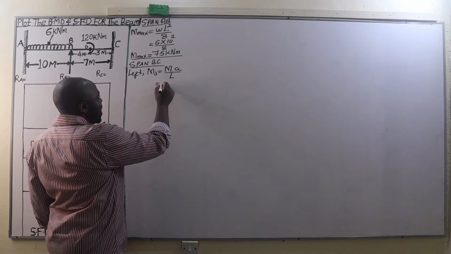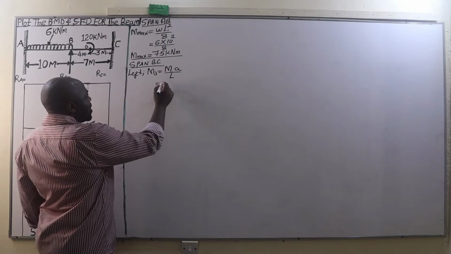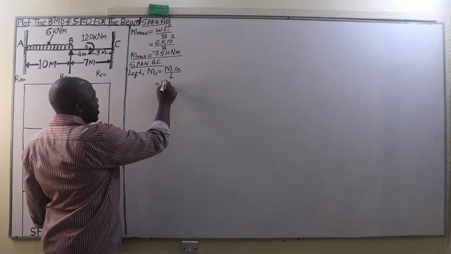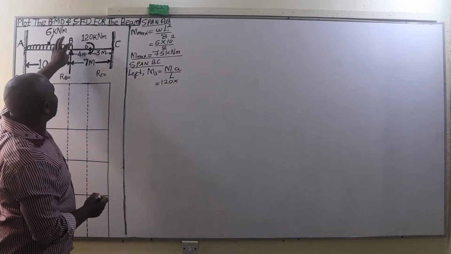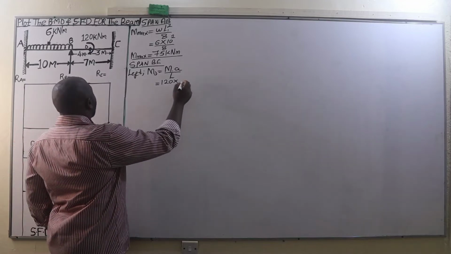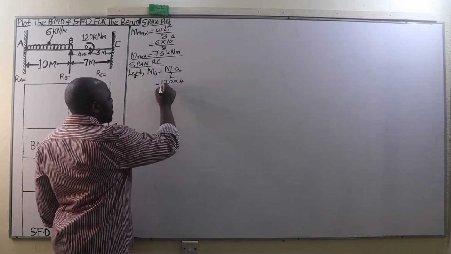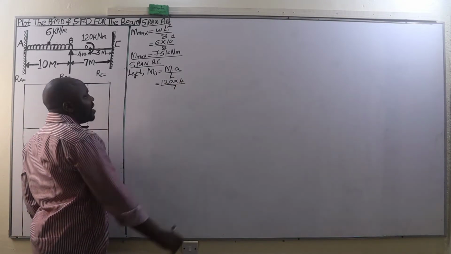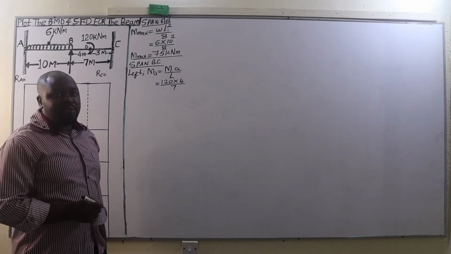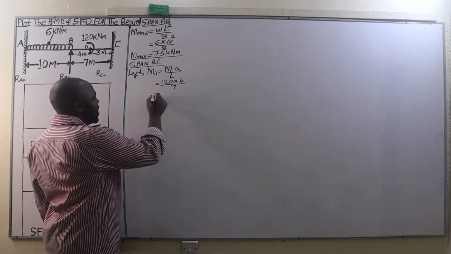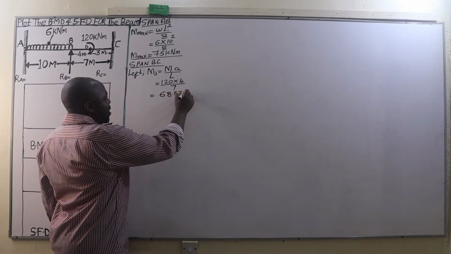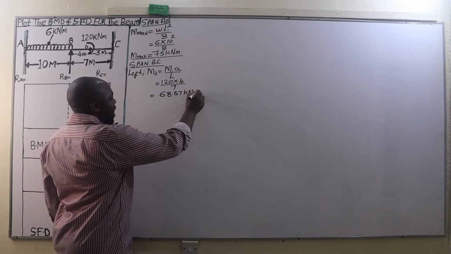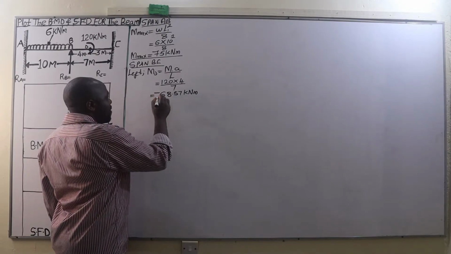That is the clockwise moment, 120 kilonewton meter, times the distance from B to D, which is 4 meters, divided by 7. When we do so, we get 68.57 kilonewton meter, which is going to be a negative bending moment.